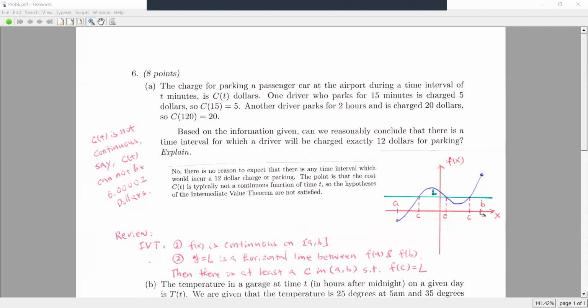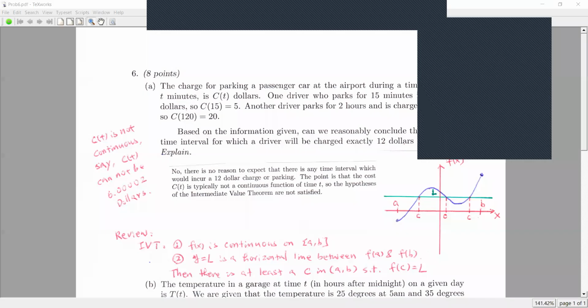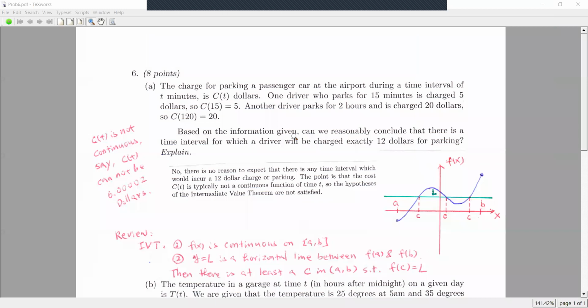The function value at b is 20. Based on the information given, can we reasonably conclude that there is a time interval for which a driver will be charged exactly $12 for parking? In this diagram, now L is 12.